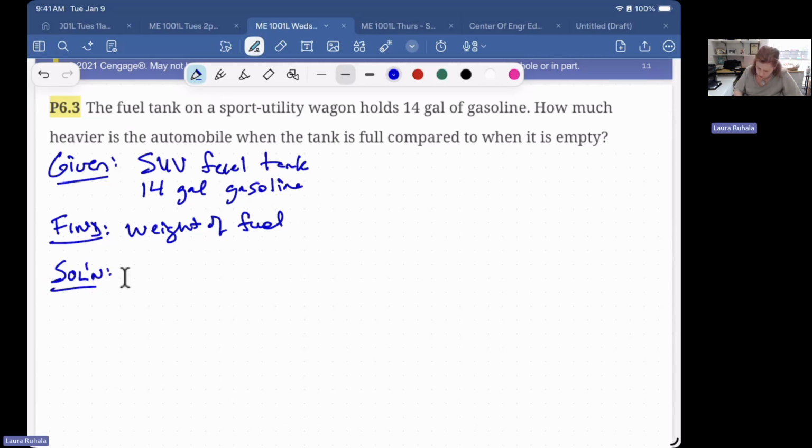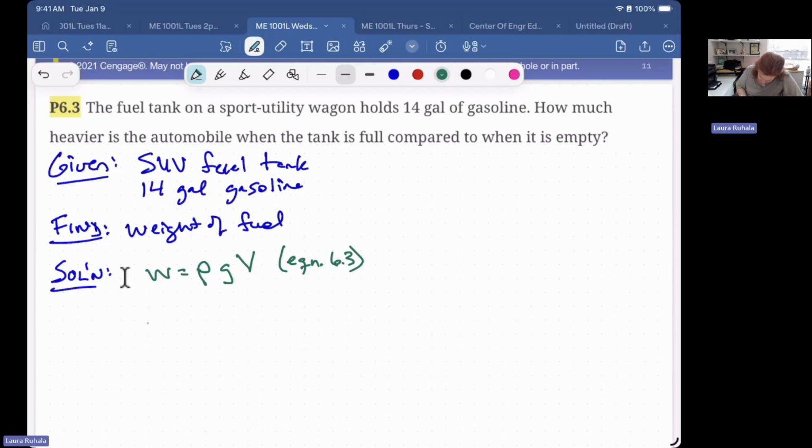Okay, when you look at the textbook, you'll see that the equation for the weight is equal to density times gravity times volume. This is equation 6.3. So we need to know clearly what the density is of gasoline, right?